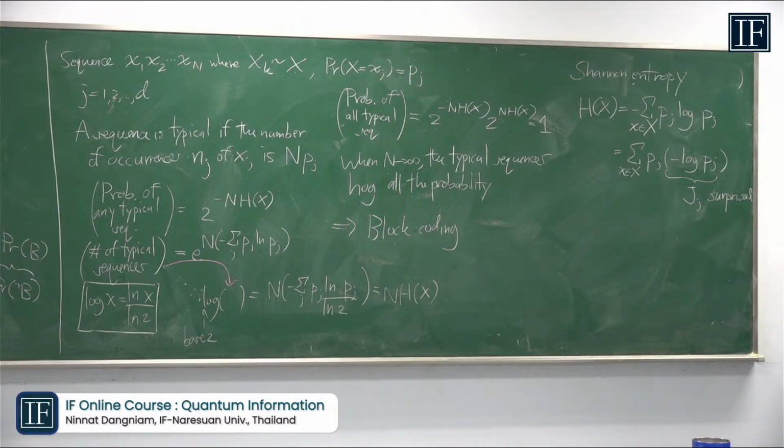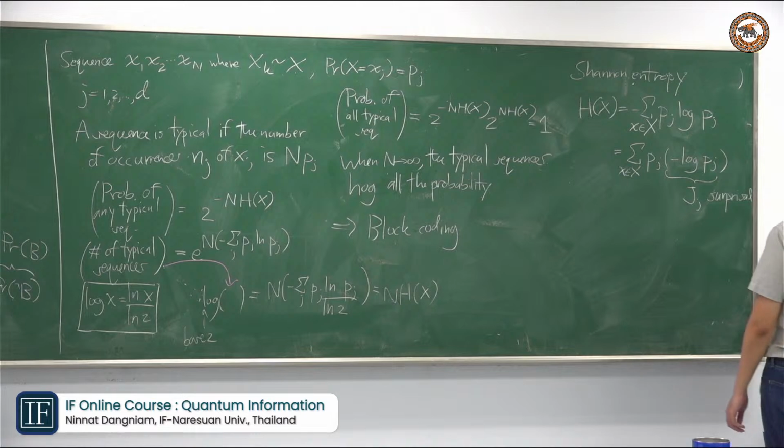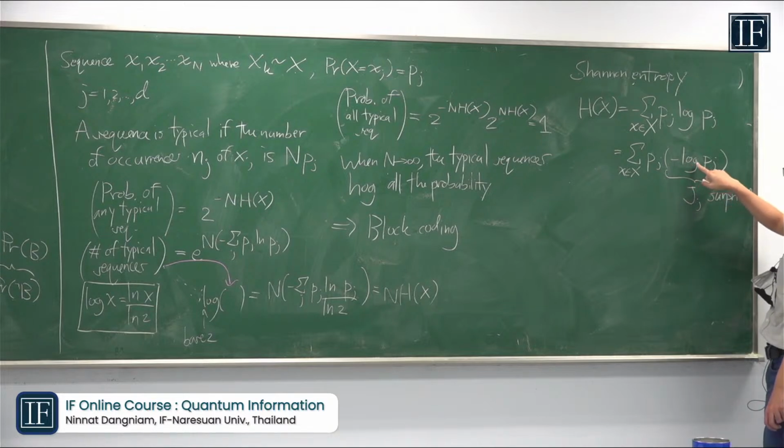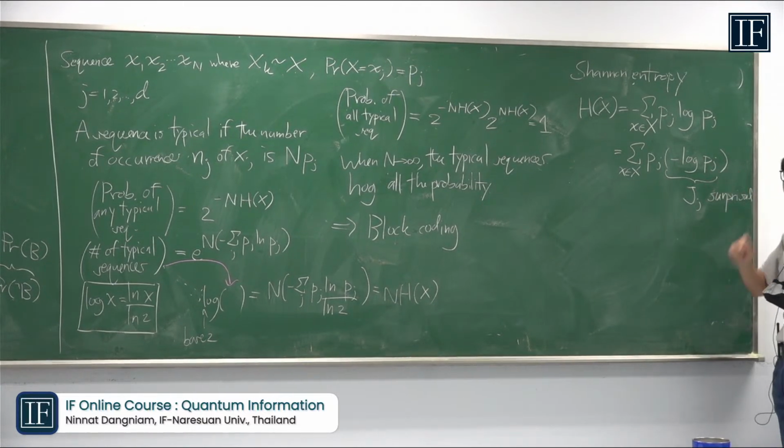This is the amount of information or the degree of surprise that you have when you see a symbol. Right. So this is log 1 over p, and so when p is small, this is large. So you're more surprised when you see a rare event happening.